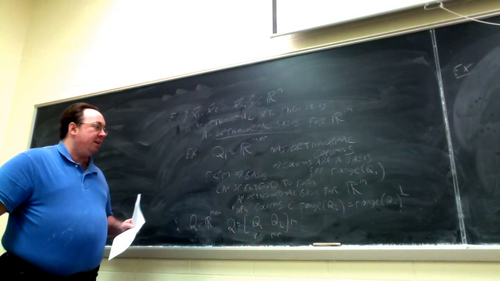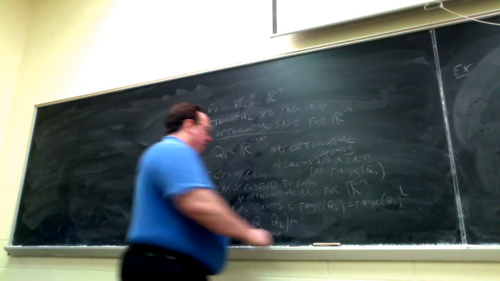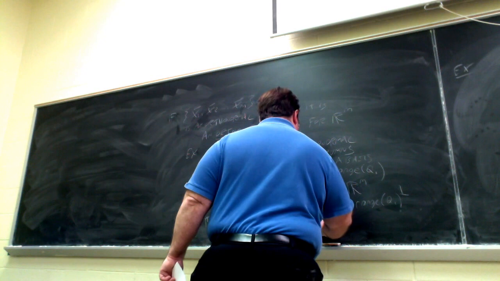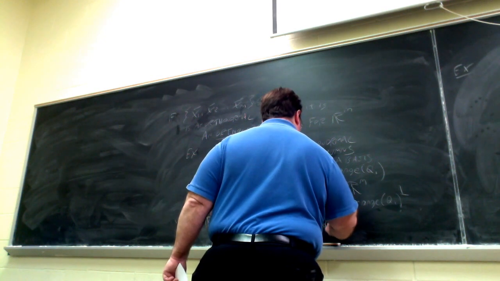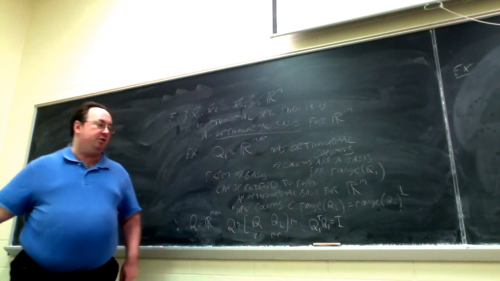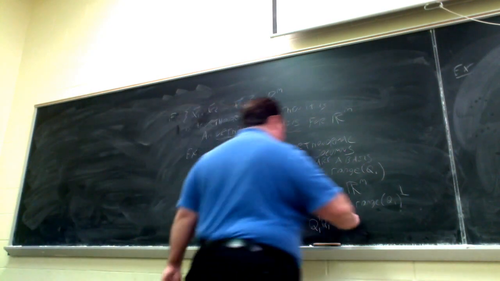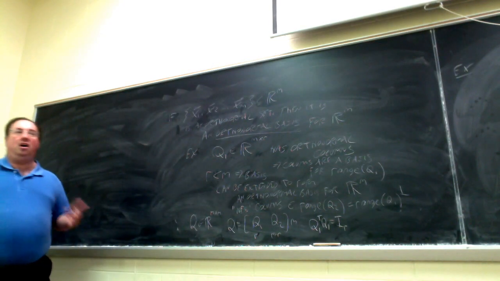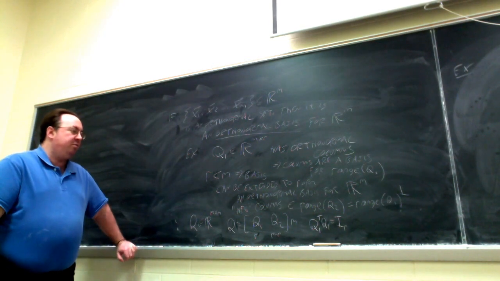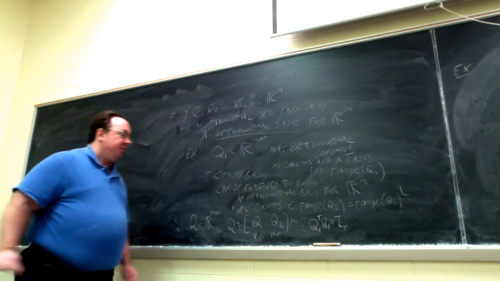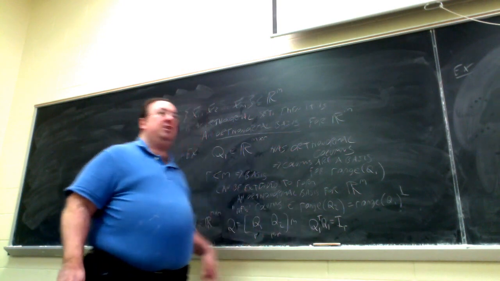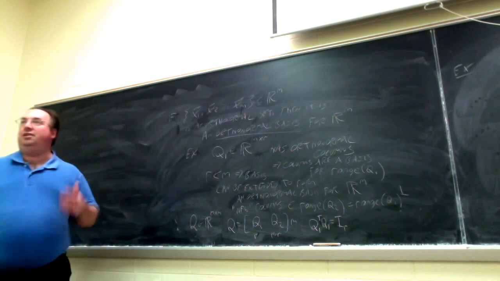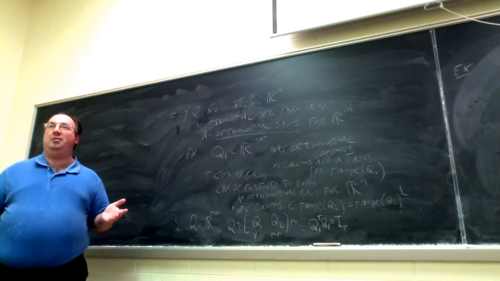Now, what I can say is Q1 transpose Q1 is the identity matrix. I'm going to put a subscript to indicate the size of the identity matrix. It's r by r. That's because all r columns of Q1 are orthonormal. Each element of this matrix is an inner product of any two of the columns.